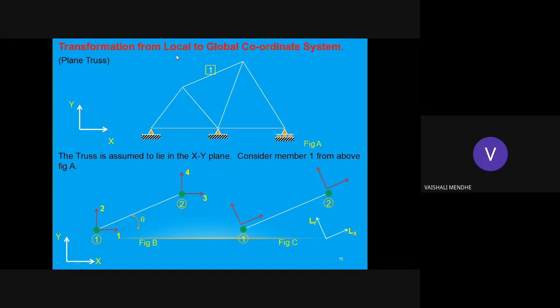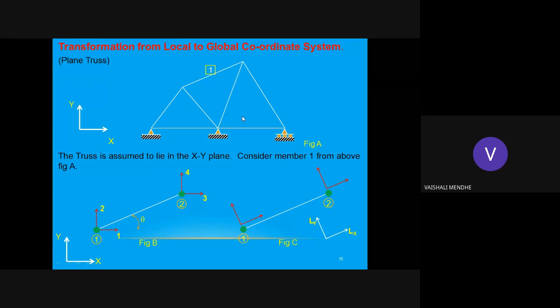But whenever we are analyzing a structure, you have to analyze it in the global coordinate system, not in the local coordinate system. So this is one of the media which can transfer your local system to your global system, using this transformation matrix.